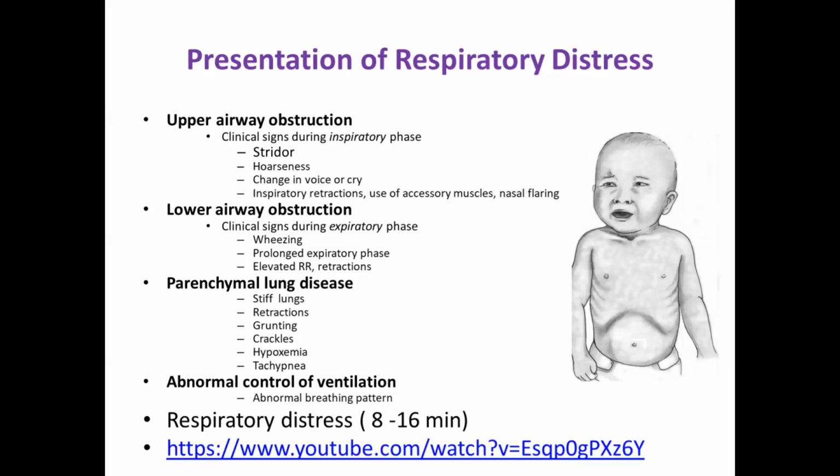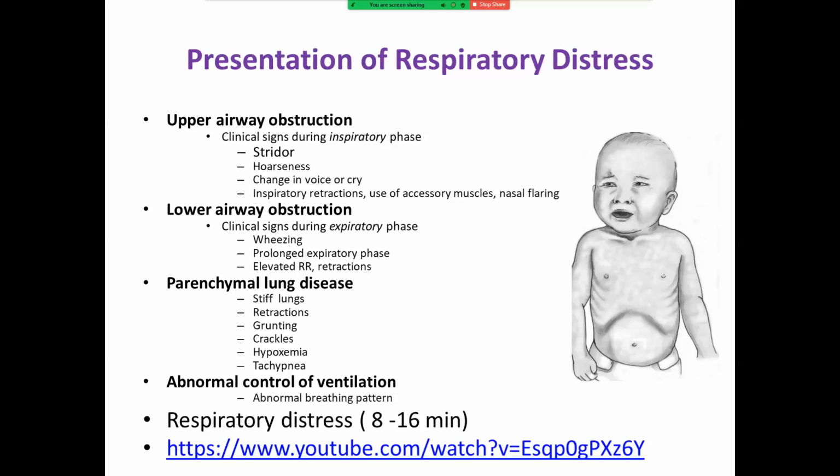Can some of you think about what would be examples of abnormal control of ventilation? What would be clinical cases that would say, okay, this is a CNS involvement, therefore we see abnormal control of ventilation? So some of the examples are, sorry? Trauma or meningitis? Exactly, trauma, meningitis, increased ICP, right?